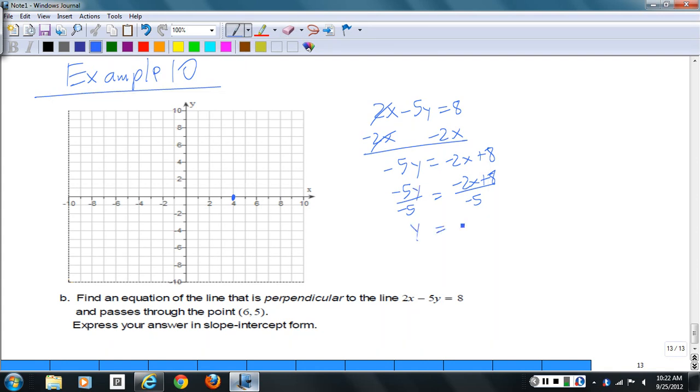So y equals negative 2x over negative 5 plus 8 over negative 5. Negative 2 over negative 5 doesn't really reduce, but a negative divided by a negative is a positive. So y equals 2/5 x minus 8/5. Now, is it easier to see what the y-intercept is?